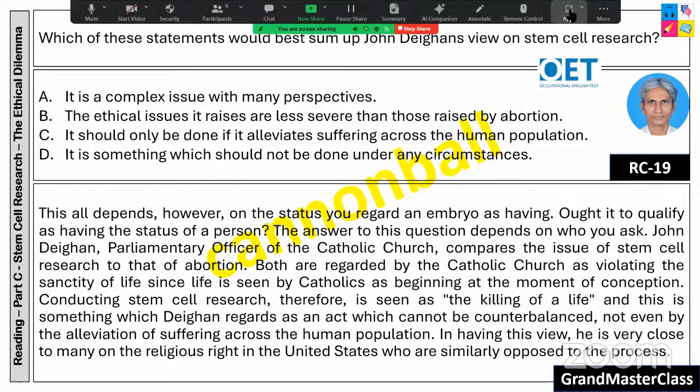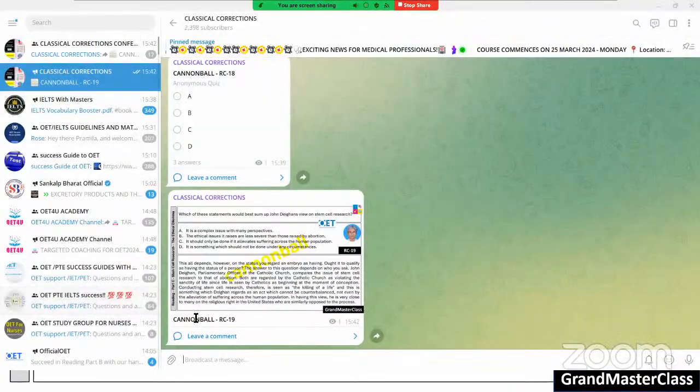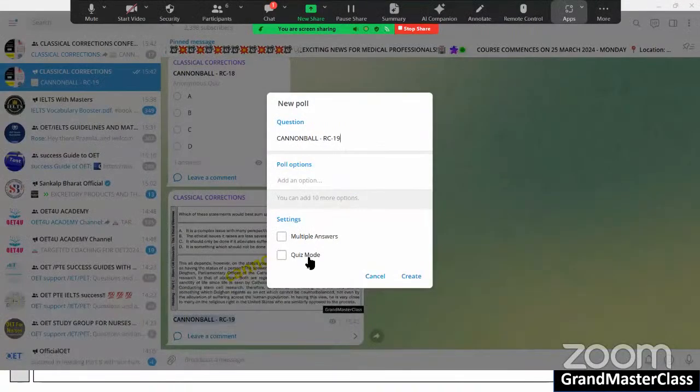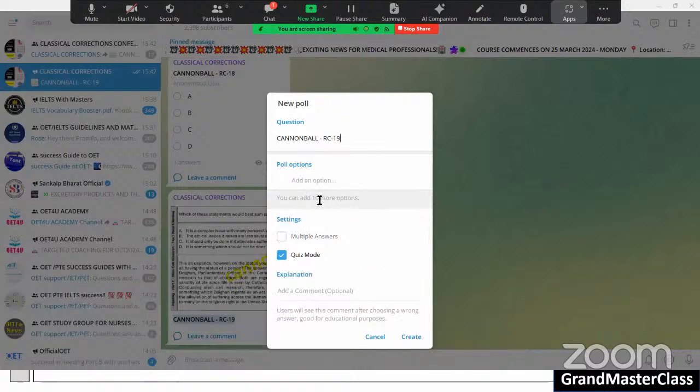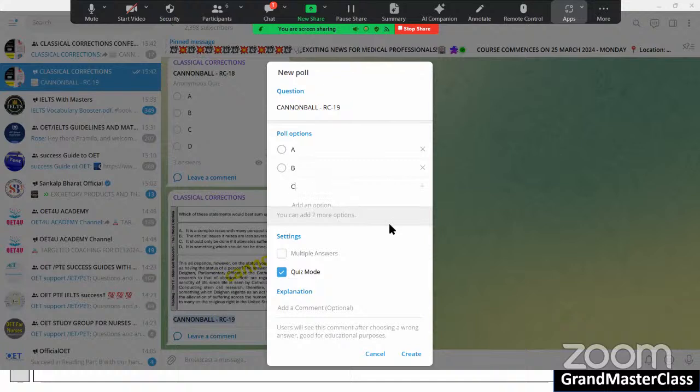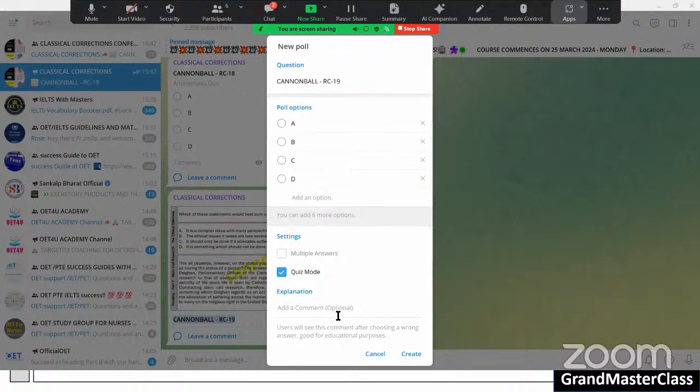Submit. A, B, C, D. Logical reasoning approach.